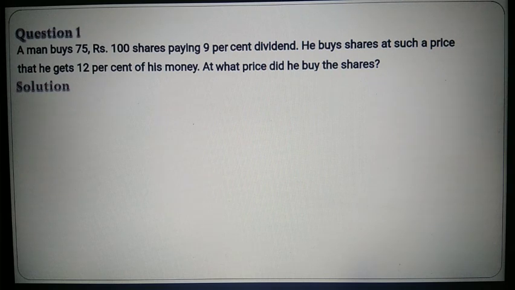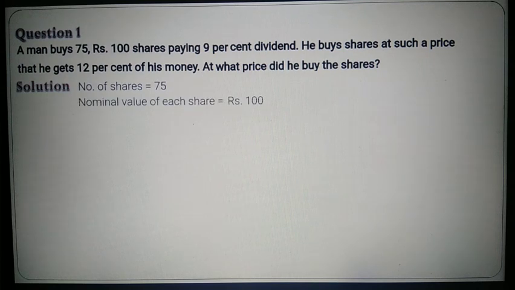Before I find that, let us note down what is given to us. The first one is number of shares, next is nominal value, and the next one is rate of dividend.